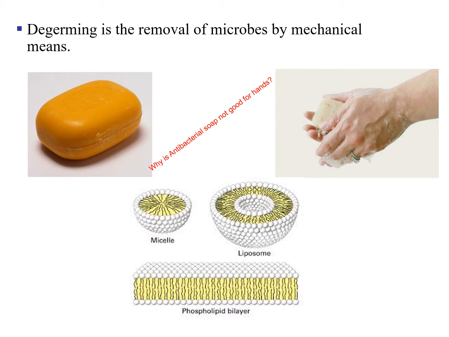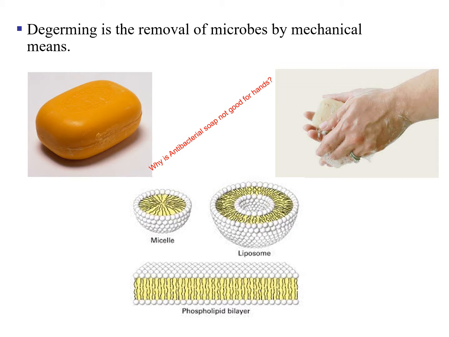Degerming is the removal of microbes by mechanical means. So using bar soap is very effective at removing microbes. Notice I didn't say destroying microbes. A disinfectant will destroy a microbe, whereas a bar soap will not destroy the microbe. It is going to package the microbe into individual micelles.